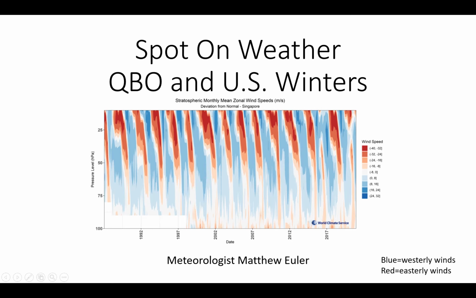Now, on tonight's title slide of the presentation, what I'm showing you are different colors here. So you notice the maroon coloring or the salmon coloring and then the blue coloring. Whenever you see the blue coloring, that indicates westerly winds. Now, if we look on the y-axis here, we're going from 100 millibar or hectopascal level all the way up high above the ground where we live, up into the area that is known as the stratosphere, the layer of the atmosphere that's known as the stratosphere.